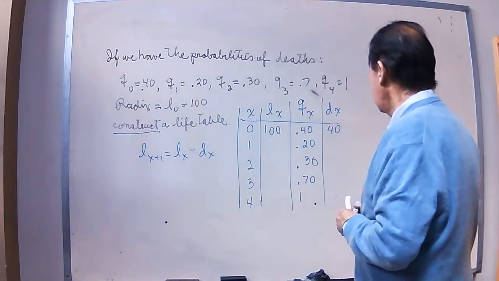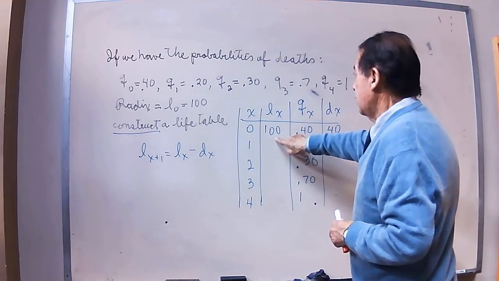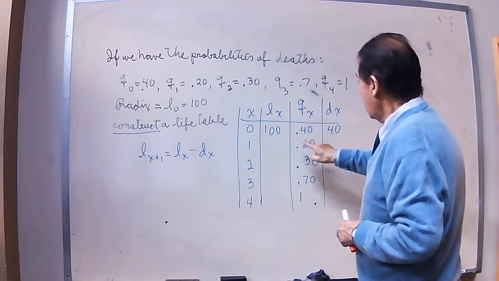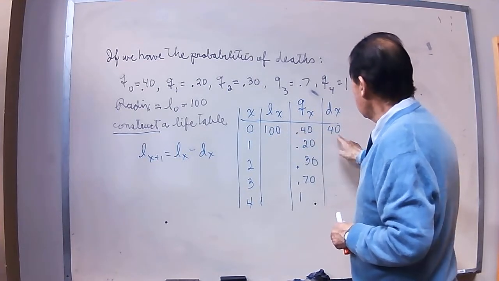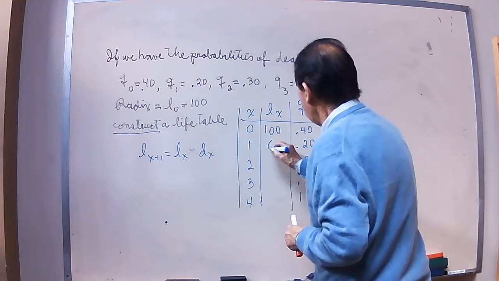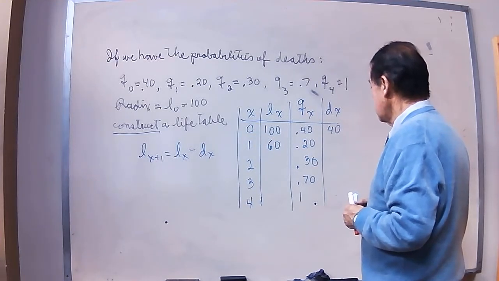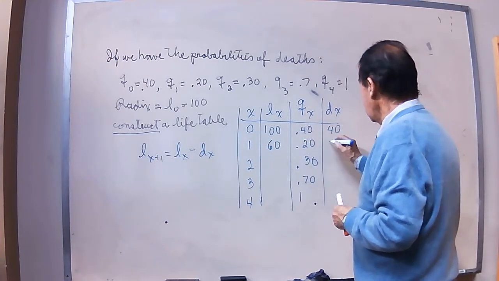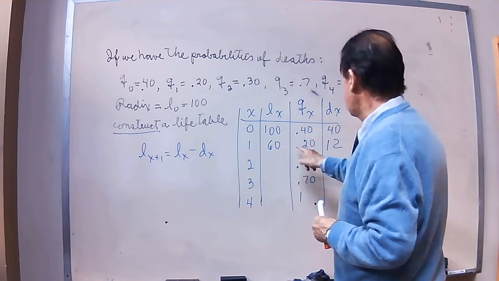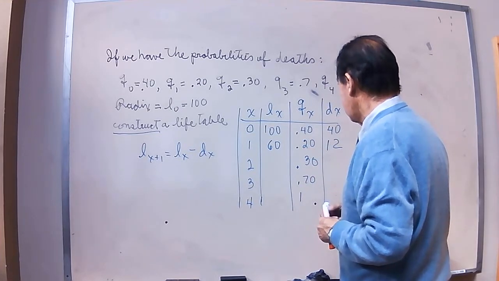In other words, we're going to make a difference between 100 and 40. We have 100 at the beginning. 40 people died. We have a remaining 60 persons. Here we will have 12 people, because 60 times 0.2 is 12.